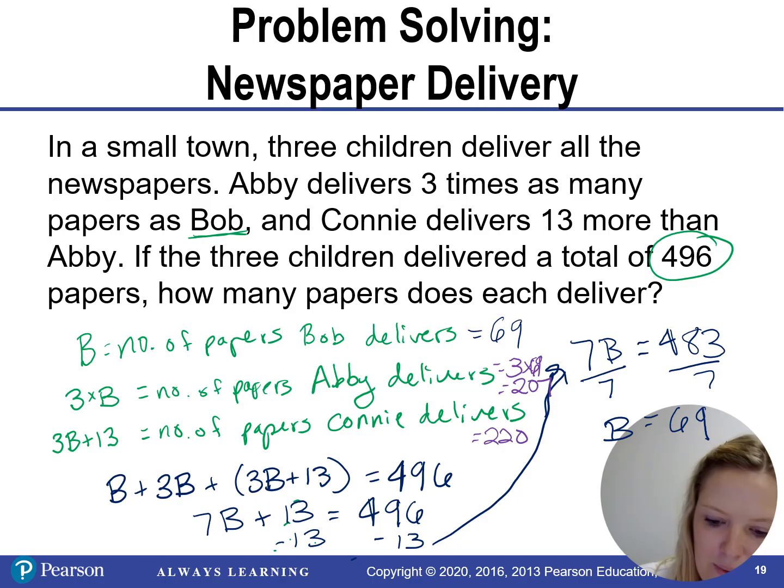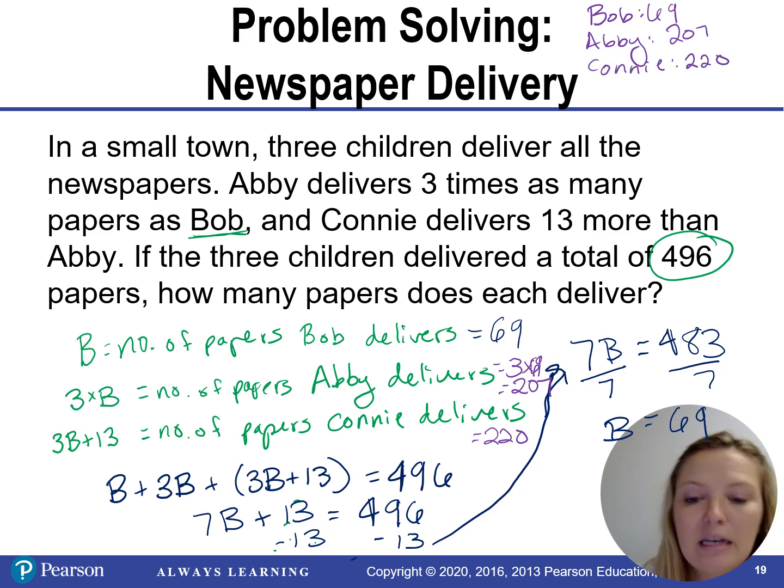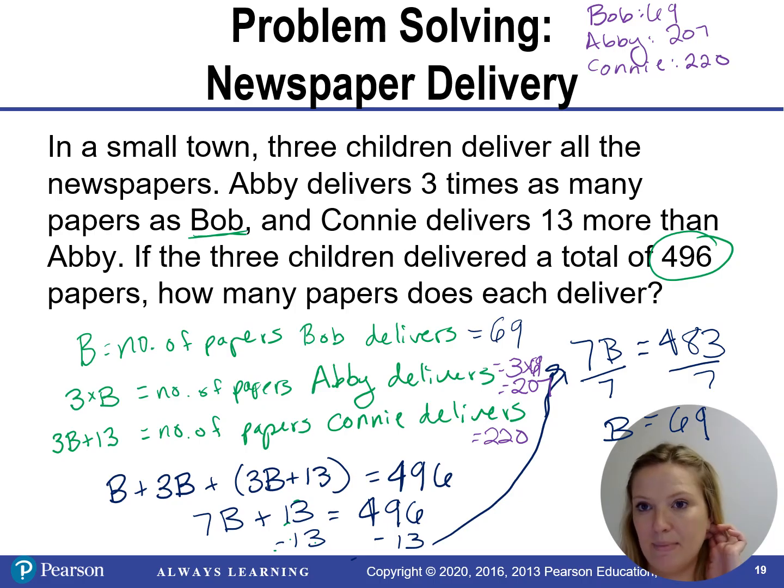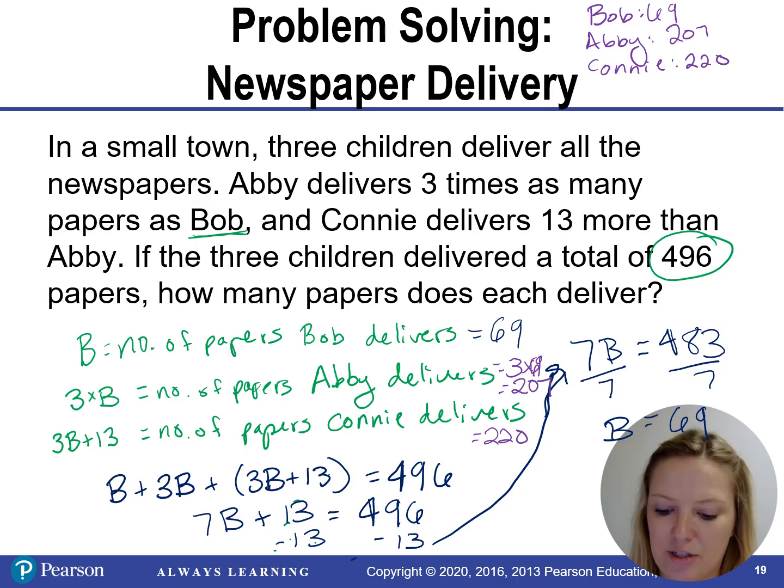All right, so Bob delivers 69, Abby delivers 207, Connie delivers 220, and then we can recheck our work and make sure that we have a correct answer by summing these all together.